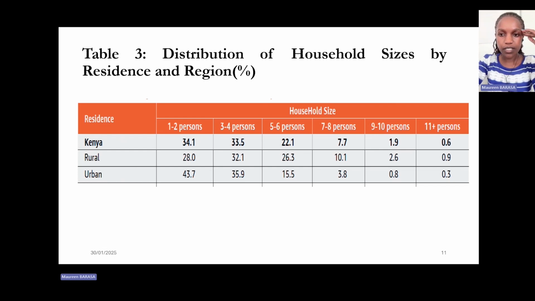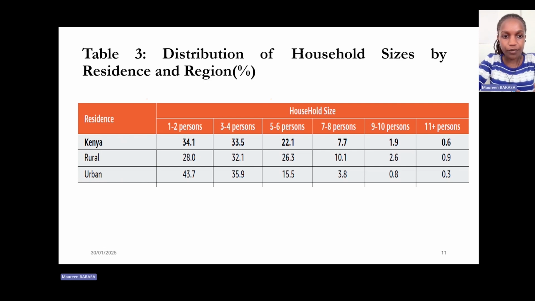Then for the rural situation, it tends to have an even distribution for 1 to 2 people, 3 to 4 people, and 5 to 6 people. The disparity is not so huge. And then for the urban households, we can see the dominant one is 1 to 2 people, and it has even surpassed the national average at 34.1%.